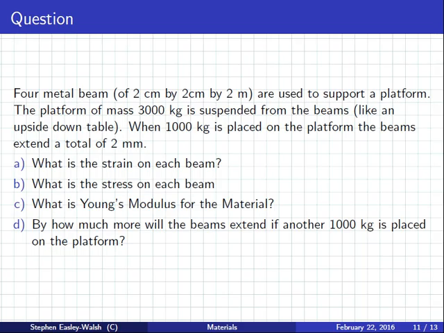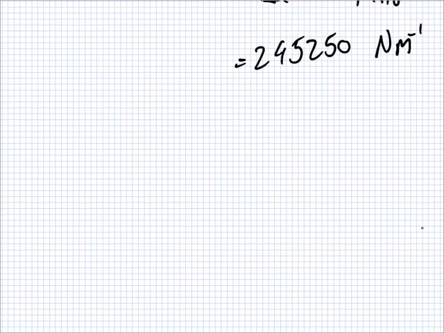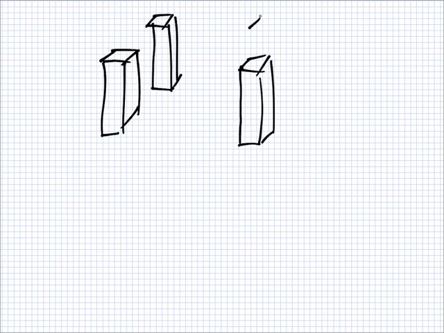I'll go back to this, don't worry. I just want to draw the picture for you. So in this one, what you have is 4 beams. 1, 2, rough, ugly. You get the idea.